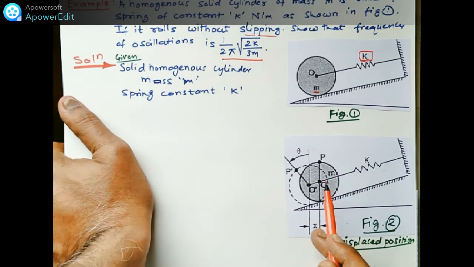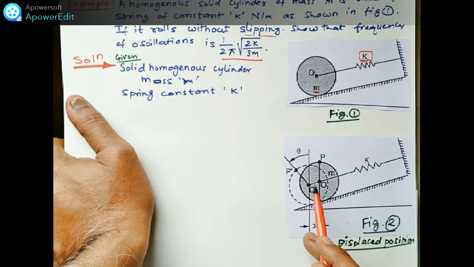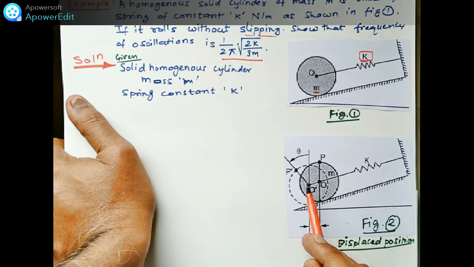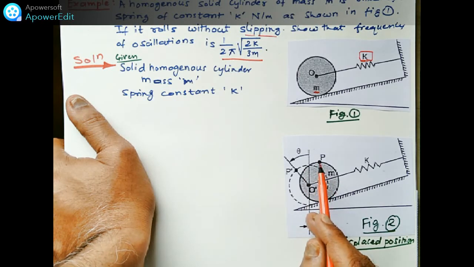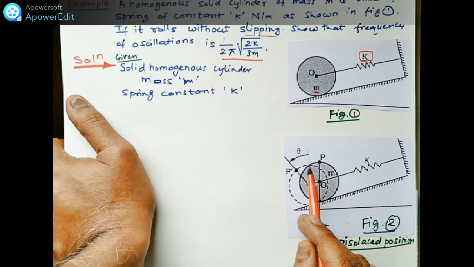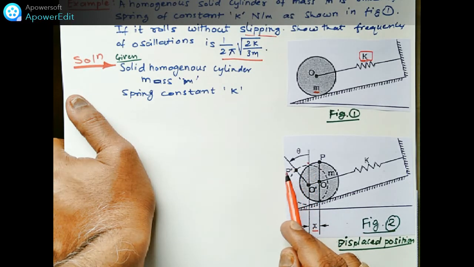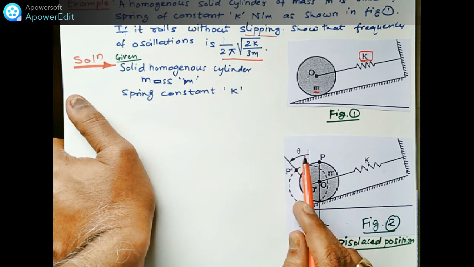It will move by distance x. Simultaneously the cylinder also rotates. Suppose this is the point P, and it moves to the next position P dash with angle theta.